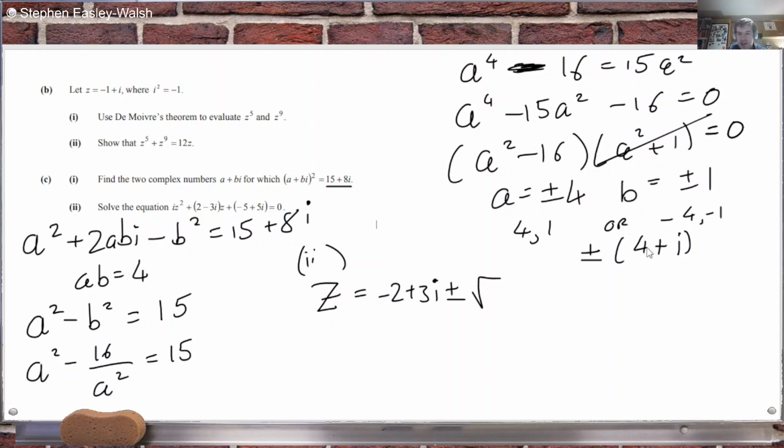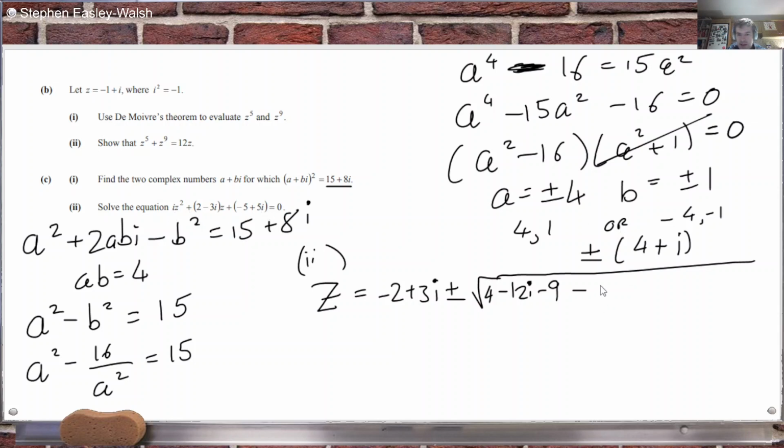And I feel like cheating and just writing in 15 plus 8i, but let's check that we do get 15 plus 8i. b squared, so that would be 4 minus 12i plus 3 squared i squared, which is minus 9. So that's b squared minus 4ac, which is 4i times this.